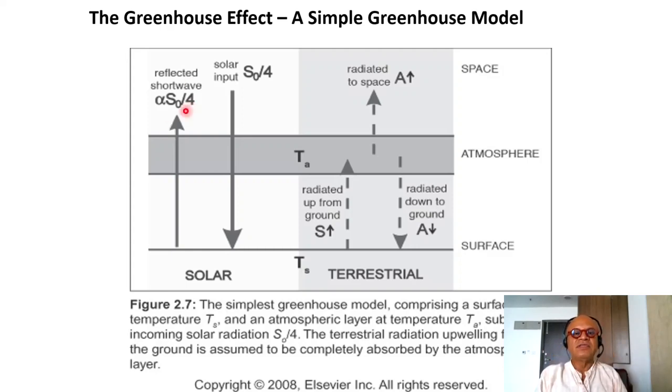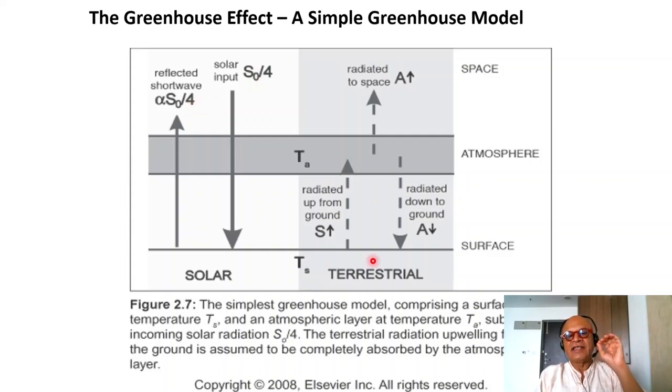So that we will see in a minute. S0 divided by 4 is what is coming in, but albedo alpha reflects alpha times S0 over 4 straight back, and since the atmosphere is transparent, we are going to be retaining S0 over 4 minus alpha S0 over 4 as the net shortwave that is given to the system.